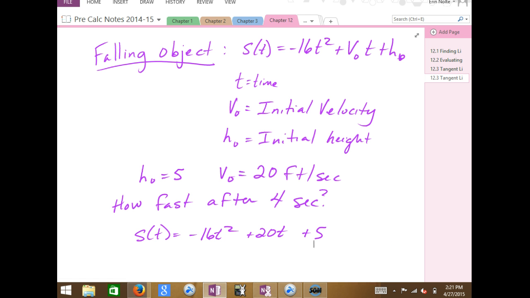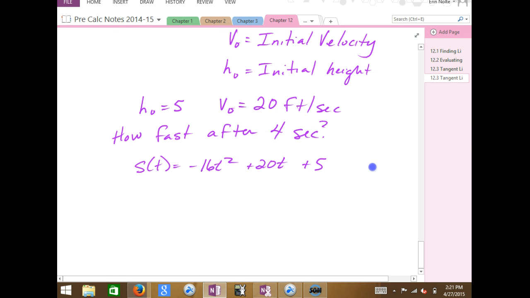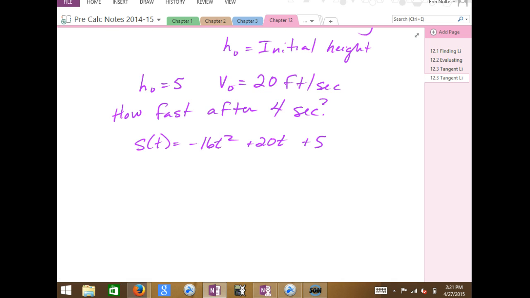Okay, so how am I going to find my rate of change? What am I going to do? Take the derivative. So to do that, I have to use my difference quotient. Oh, difference quotients. Yes, yes, yes. There you go. So the first thing I have to do is plug in x plus h.